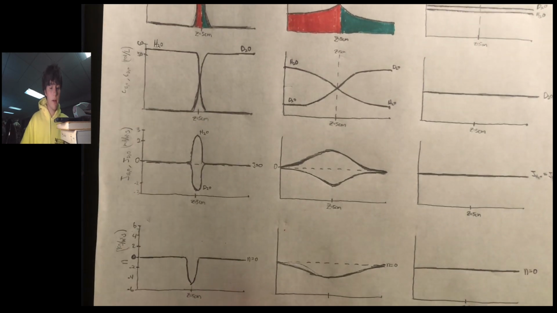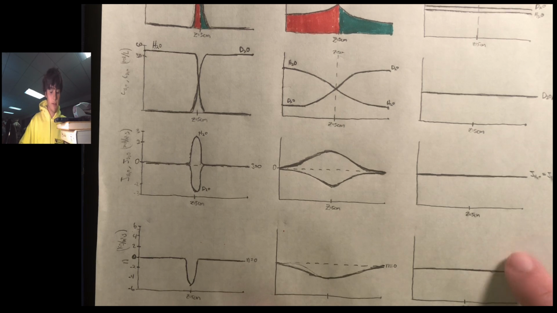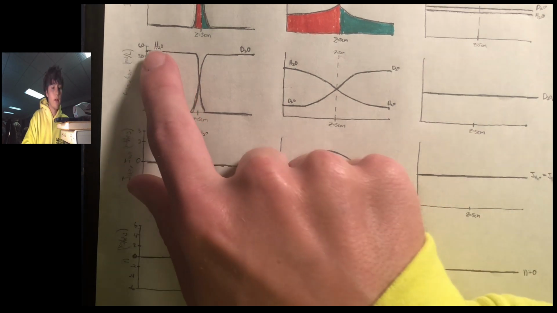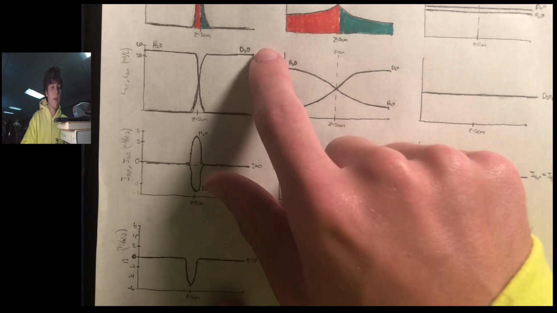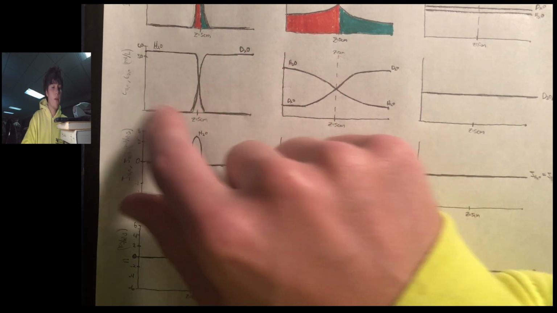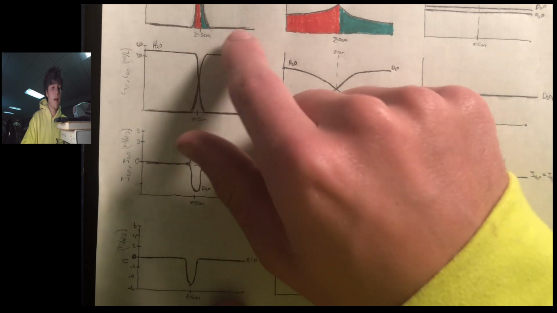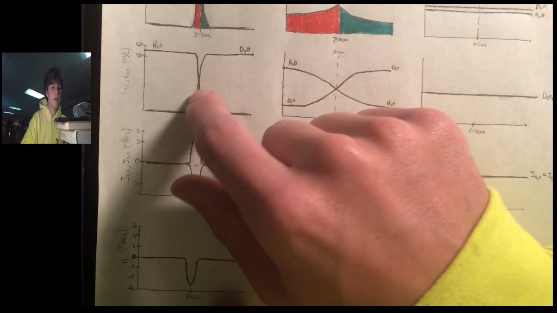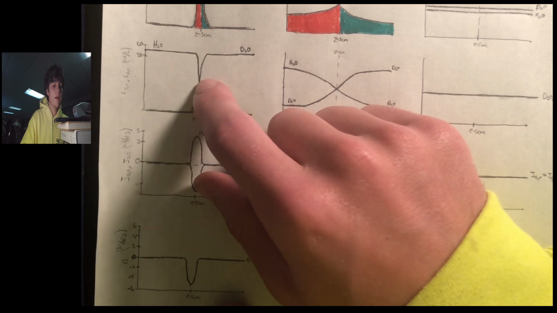And then same thing for molar concentrations of the individual components. We have pure H2O and then no H2O, and then pure D2O and no D2O, and then there's a sharp decrease in concentrations of the components right there, and that's where the magnitude of the gradient is maximum.